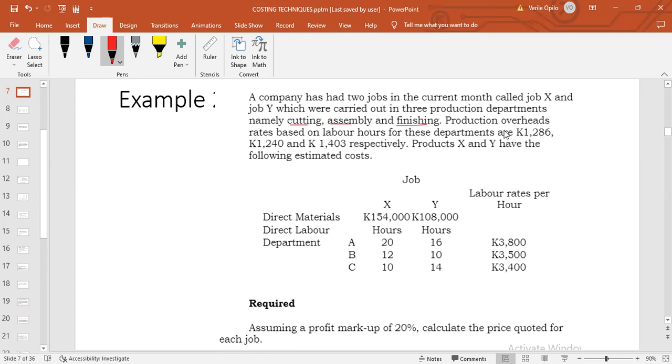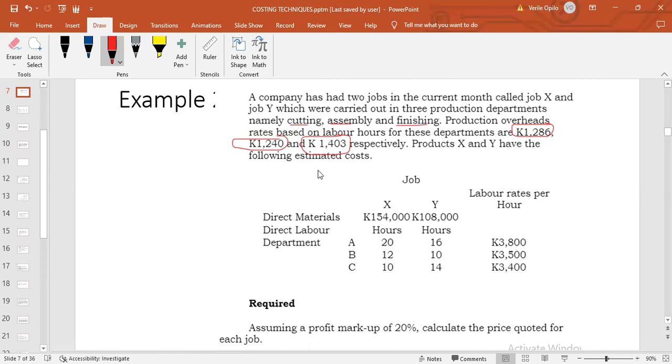So we're given that the total production overhead rates based on the labor hours are 1,286, 1,240, and 1,403 Kenya shillings. So this one is for the 3 departments, that is the cutting department, the assembly, and the finishing department.